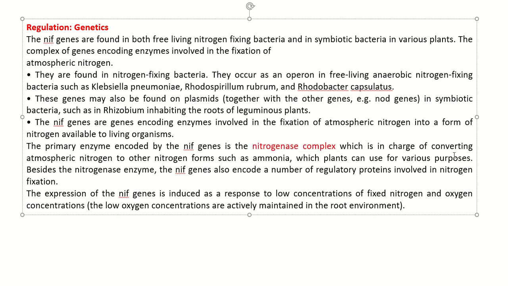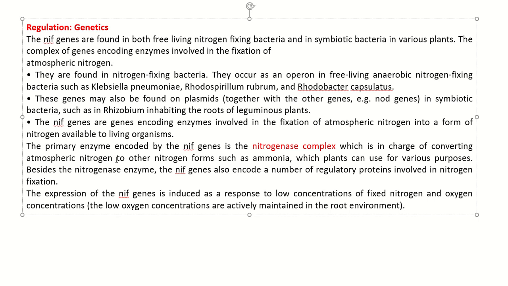What is the function of the nitrogenase complex?